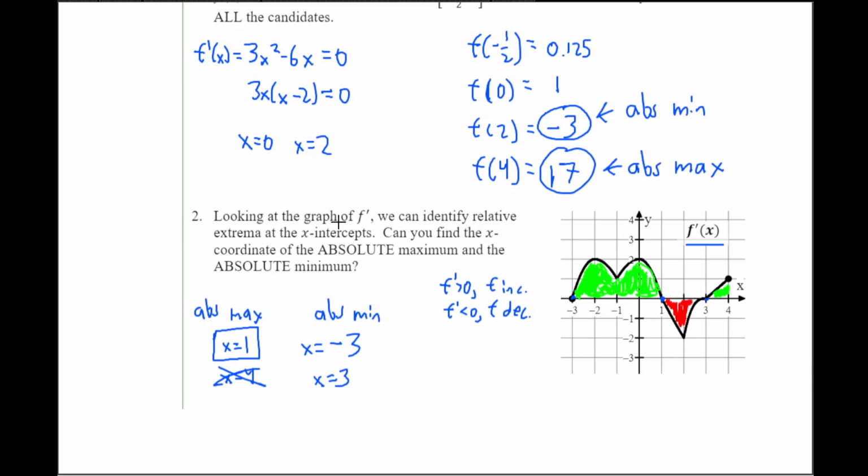Again, the x-intercepts are potential and the endpoints are potential absolute maxes or mins. So you're starting here, then you increase a bunch, and then you decrease, right? But this initial area that you increased is less than what you decreased. So your starting point at x is equal to -3, your very first endpoint, is actually where your absolute min is.